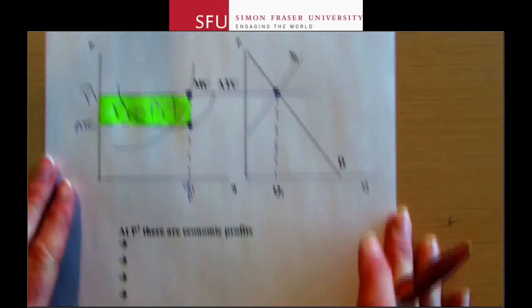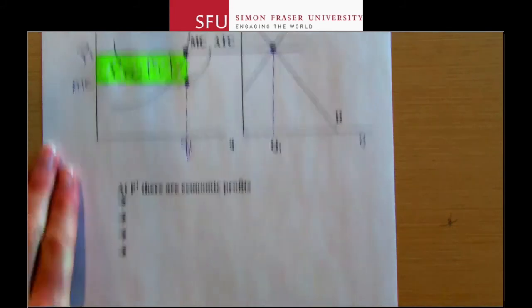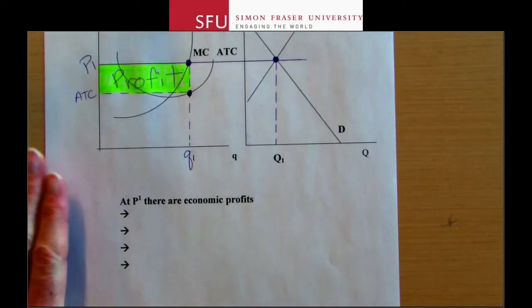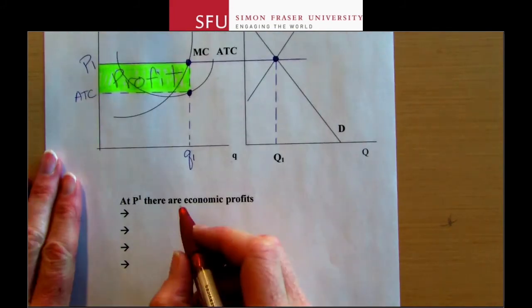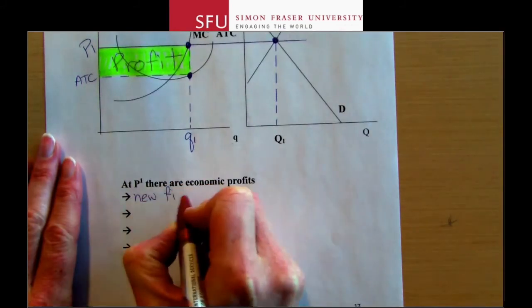Now, how long that is just depends on what the good is. So for apples, for example, the profits can last for several years because it takes a long time for an apple tree to grow. Whereas if you're producing, say, watermelons, it only takes a few months to grow watermelons, so the profits wouldn't last as long in the watermelon market. Okay, so what's going to happen? All right, so the profit will attract new firms. So new firms will enter the market.